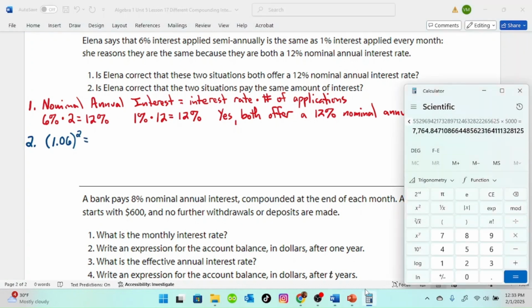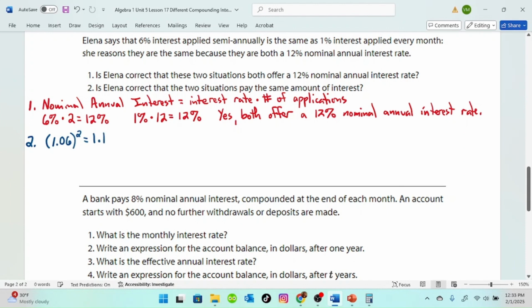So if I put this into a calculator, 1.06 squared equals 1.1236. So it would actually be adding 12.36% interest.